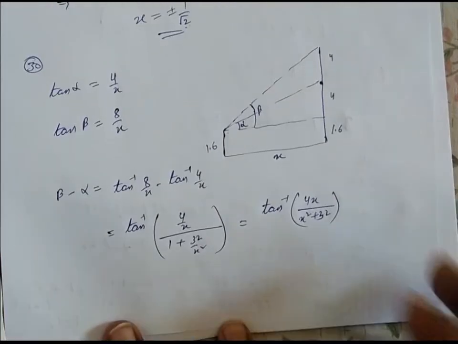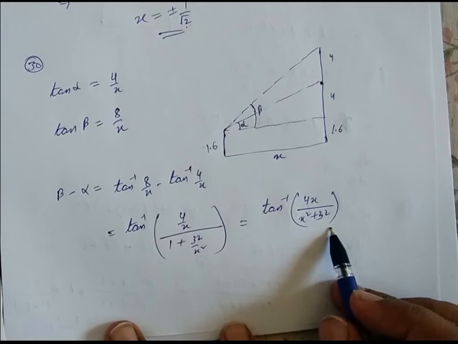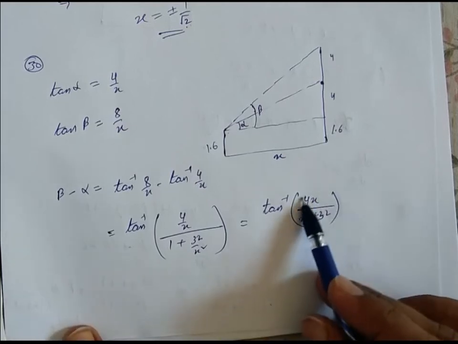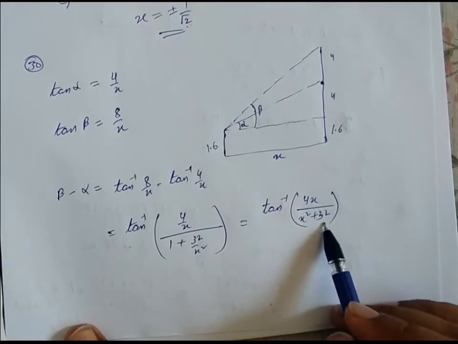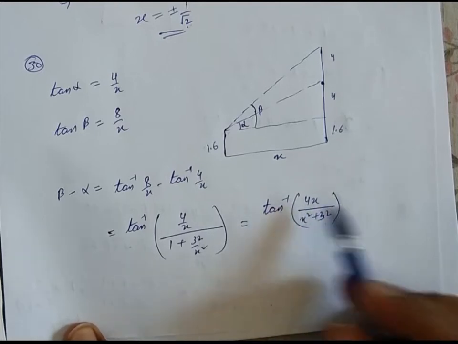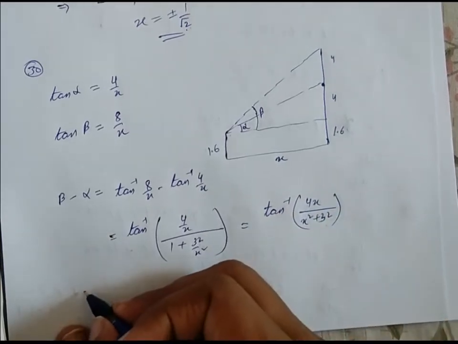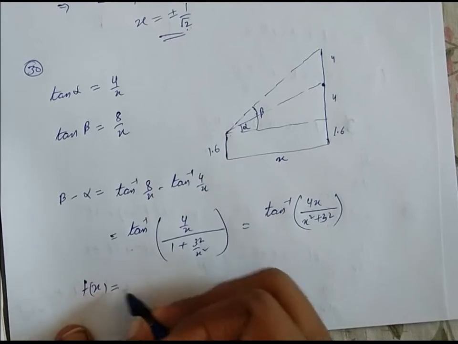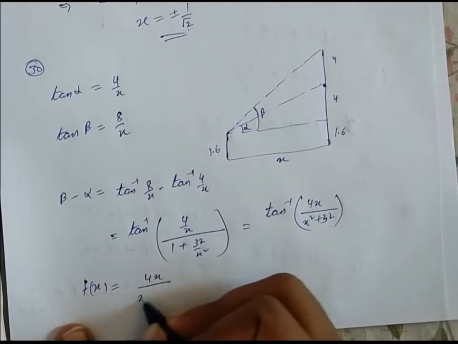We know that tan inverse is an increasing function, so the maximum of tan inverse of 4x upon x square plus 32 is the tan inverse of the maximum of this. So we just need to maximize f(x) = 4x upon x square plus 32.